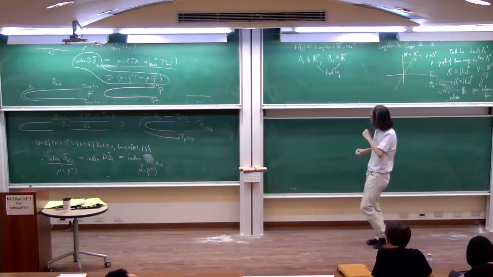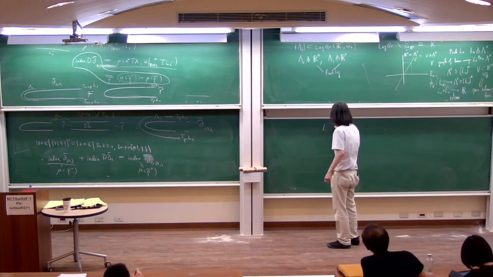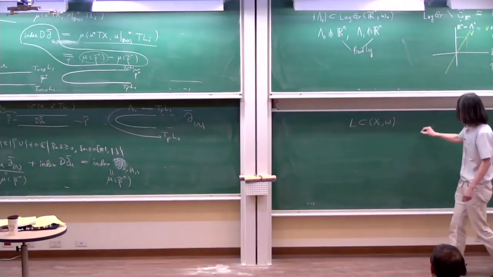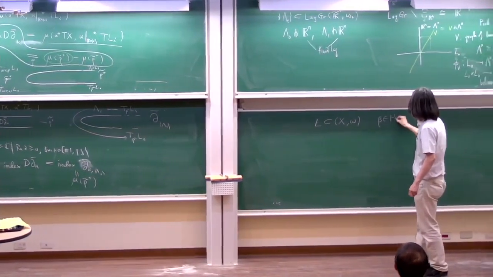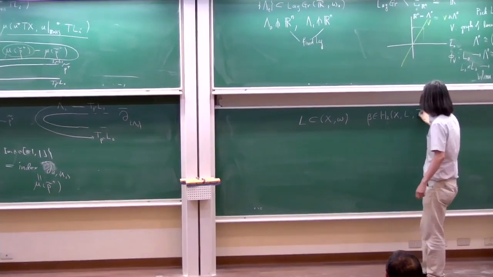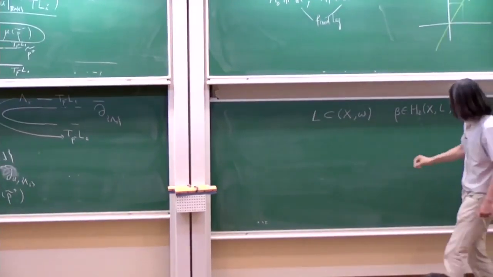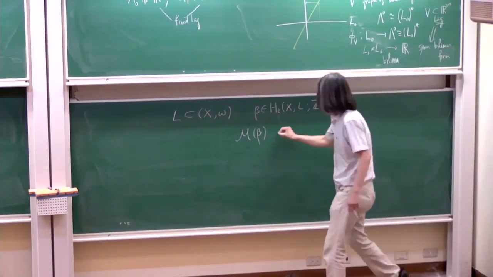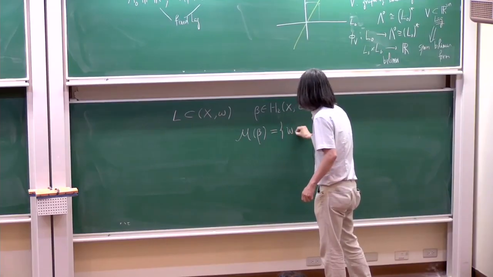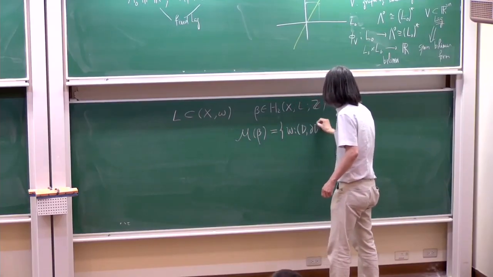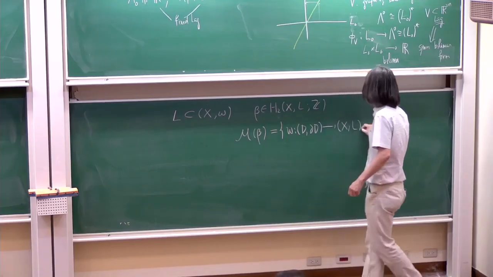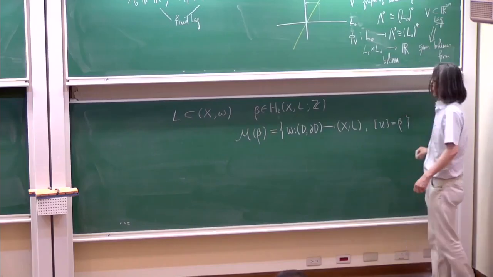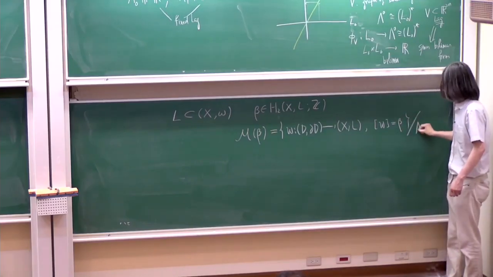So what we can show is the following. If we have L inside of this X, omega, right? And then I take beta, which is a relative homology class, like this. And then try to consider this moduli space of holomorphic disks first, modulo automorphisms of the disk.